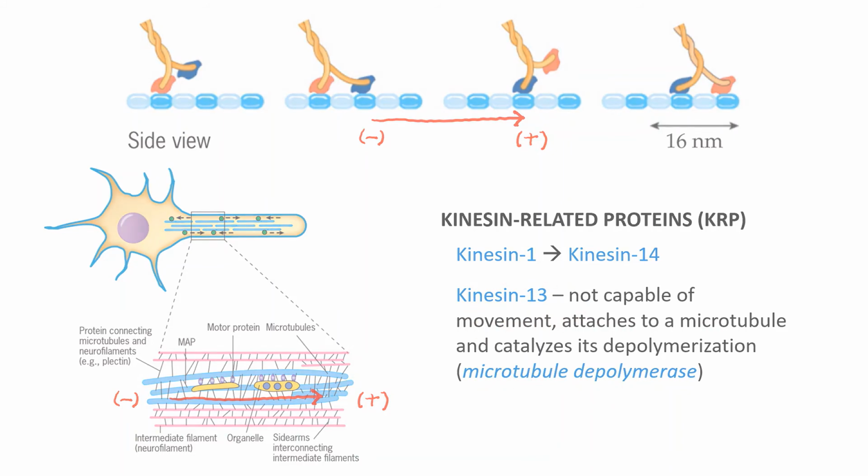So the question now is this: if kinesin can only move from the negative end to the positive end of the microtubule, what accomplishes the work of the movement of vesicles from the positive to the negative end? The answer will be another motor protein associated with microtubules known as the dynein. So the cytoplasmic dynein in particular. So they are found in cilia and flagella.